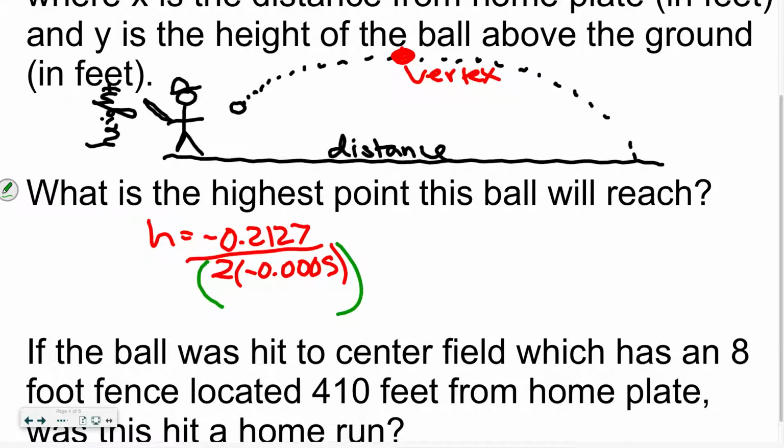Okay. So if you're going to type that in, make sure that you're very, very careful about that. So I'm going to type mine in. See if you can type yours into your calculator and get the same answer. I get 212.7.